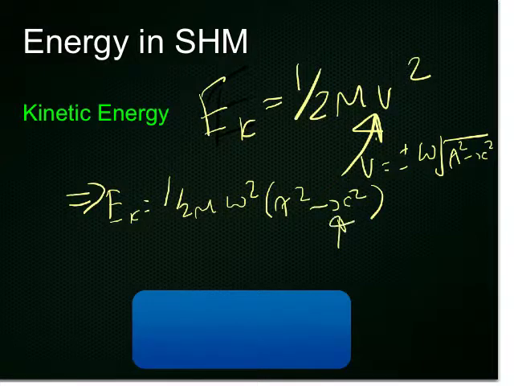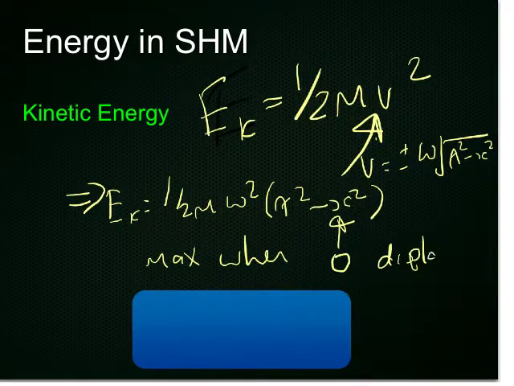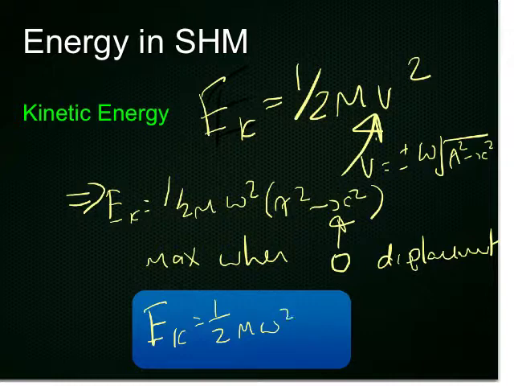It's actually when the displacement is 0. So max when 0 displacement. So we can say that kinetic energy is equal to half m omega squared a squared. That's max.